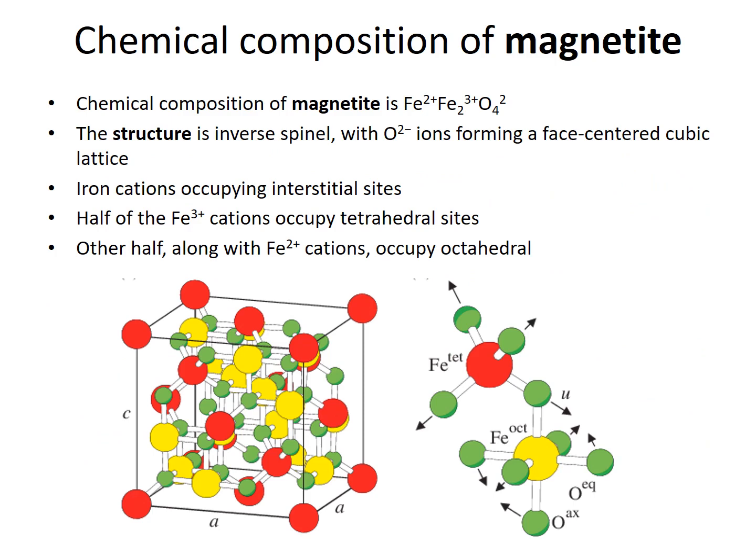Here is a representation of a model of magnetite. One picture is showing the geometry of the bulk material, and a simple diagram on the right-hand side is clearly showing two types of iron ions connected to oxygen atoms.